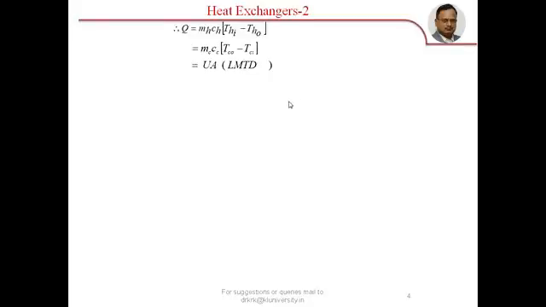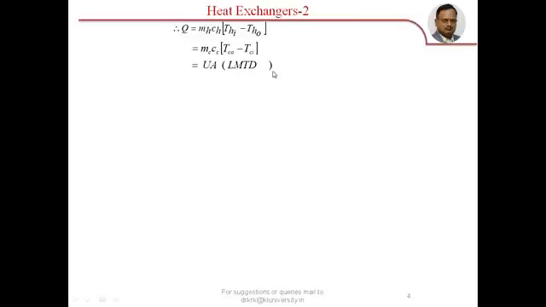To determine the delta T at inlet and delta T at outlet, you have to first draw how the temperature is varying along the length of the heat exchanger. Identify, in parallel flow or counter flow, the temperature difference between the two fluids at inlet and at outlet. You can calculate LMTD.